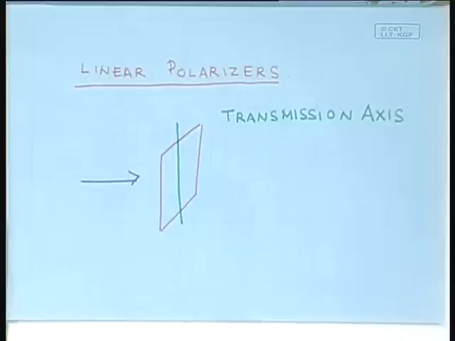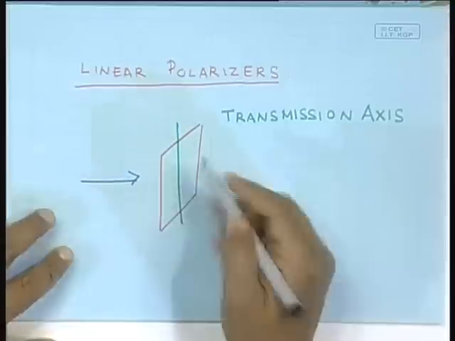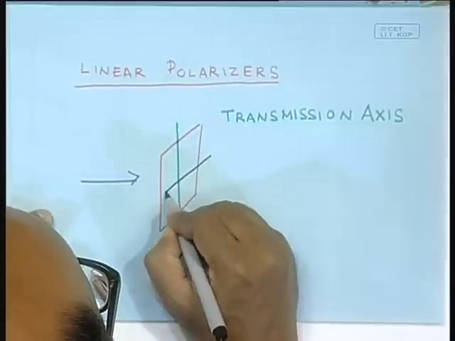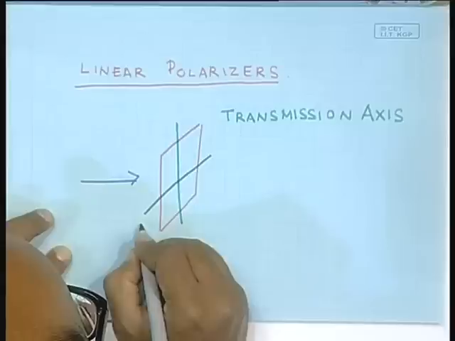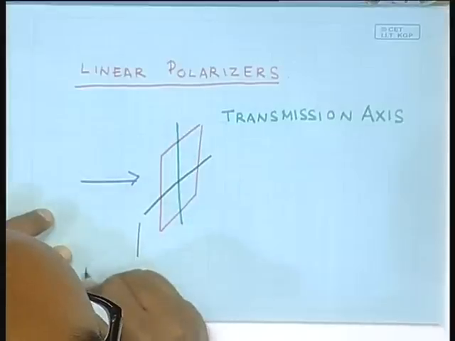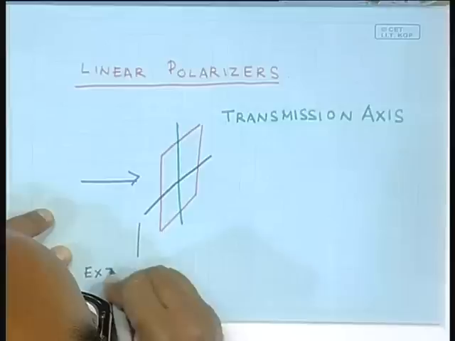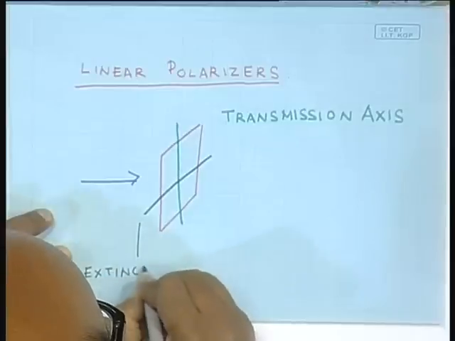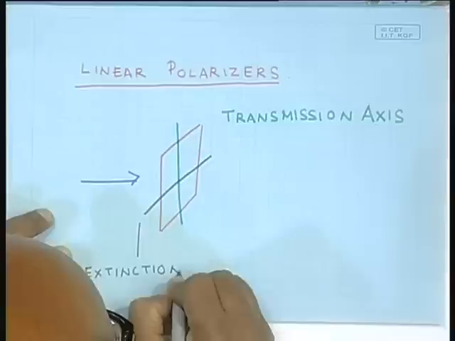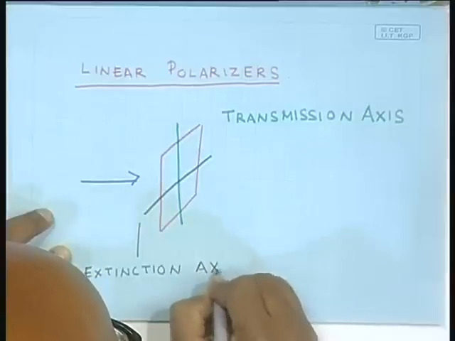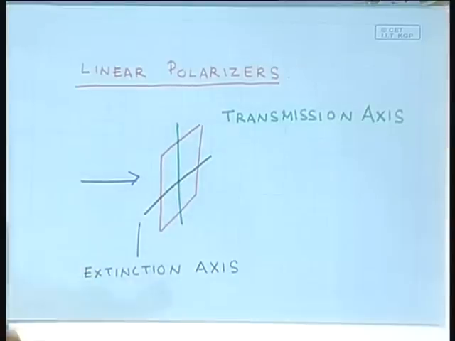There is another axis called the extinction axis, and the component of the electric field vector parallel to the extinction axis is not allowed to pass through.